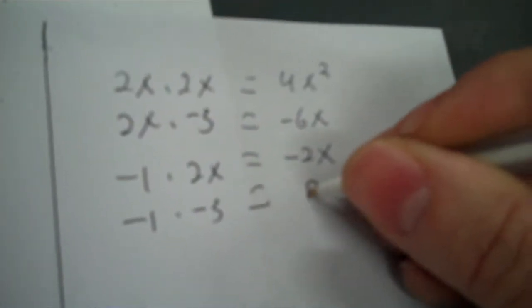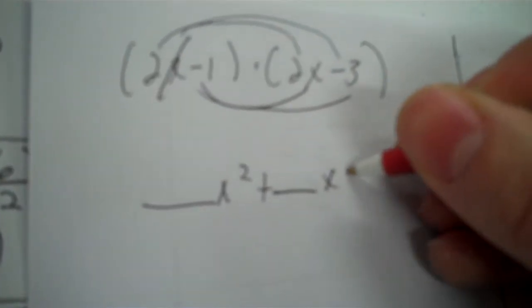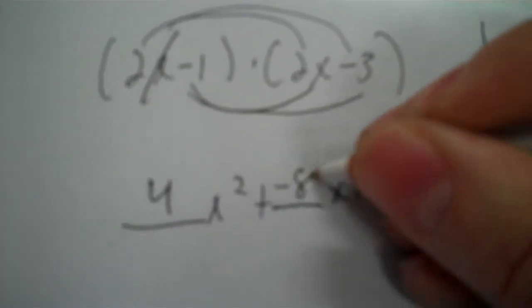It's going to be negative 6x, negative 2x, and then positive 3. Slot them to find the product. X seconds 4, the x, we got a negative 6 and a negative 2, you add those, that's negative 8, and then you got 3. Aha, that's exactly what we started with.